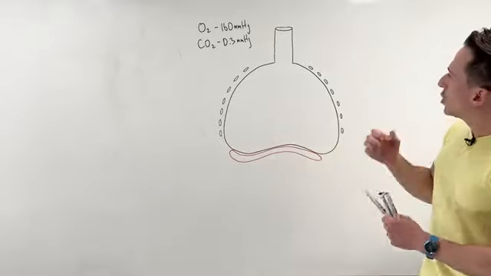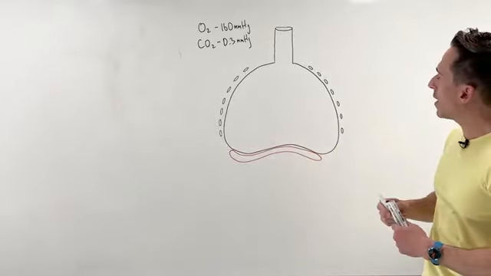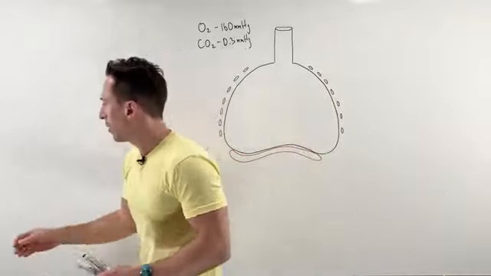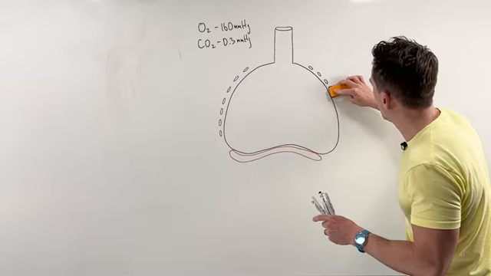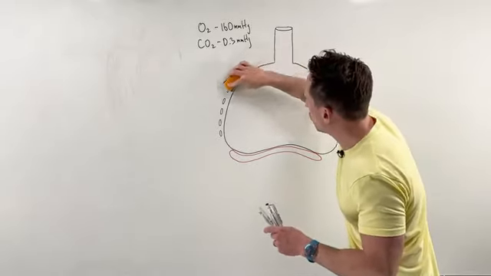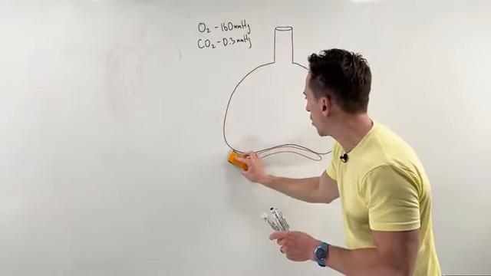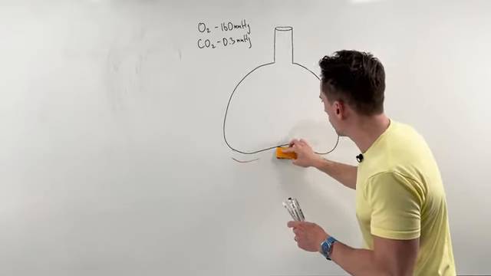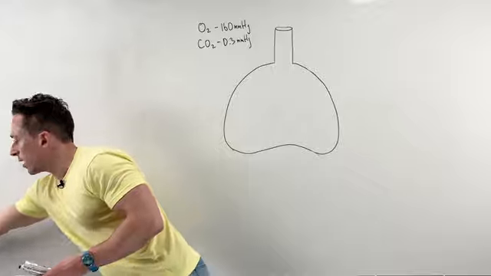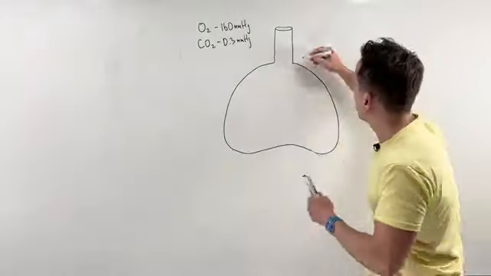Now, you know what I want to draw before I draw that diaphragm? I want to draw up a really important structure called the pleural cavity. Let's draw that up because that's super important to understand before we even go into the diaphragm and everything like that.